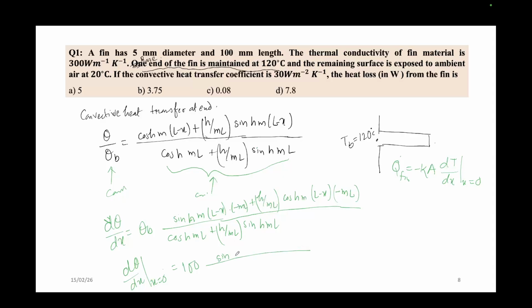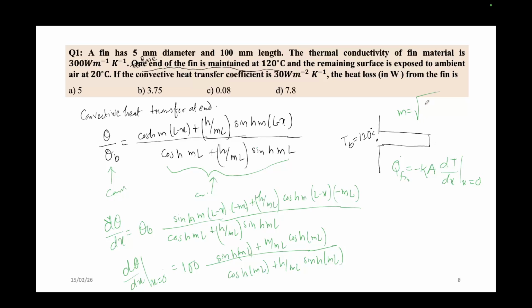Sin h ml plus h by mk cos h ml, divided by cos h ml plus h by mk sin h ml. So you can find out m.